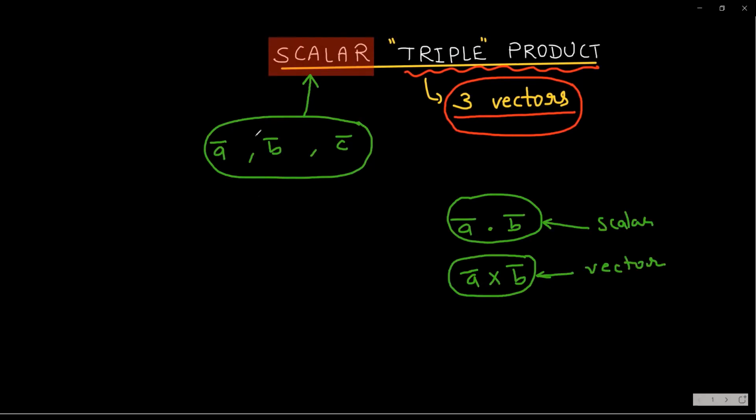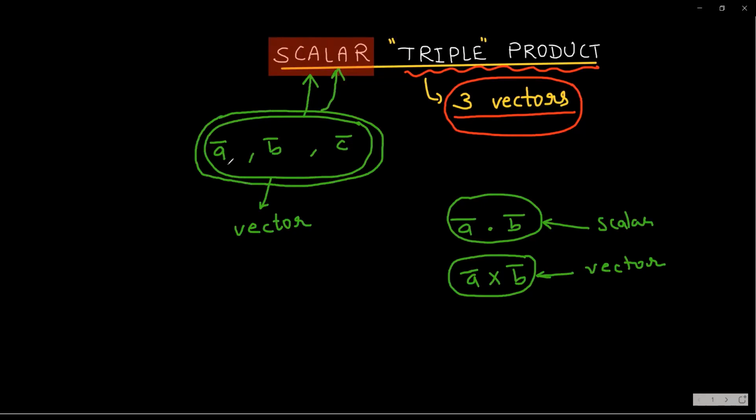Similarly, in the product of 3 vectors, we can get a scalar. We can even get a vector. Now, when you multiply 3 vectors in a way to get a scalar, you call that scalar triple product.